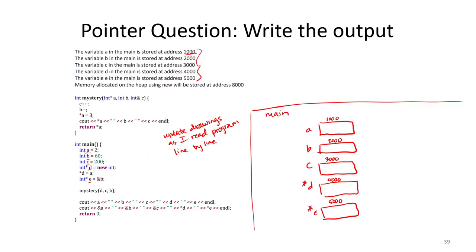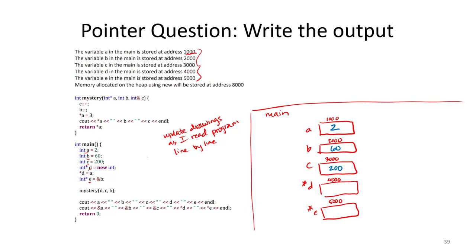First line of code, I say int a equals 2. So I go to my a variable and I assign it the value 2 inside its box. Int b equals 60, so I go to my variable b inside my memory and I give it the value 60. Int c is 200, so I give c the value 200.